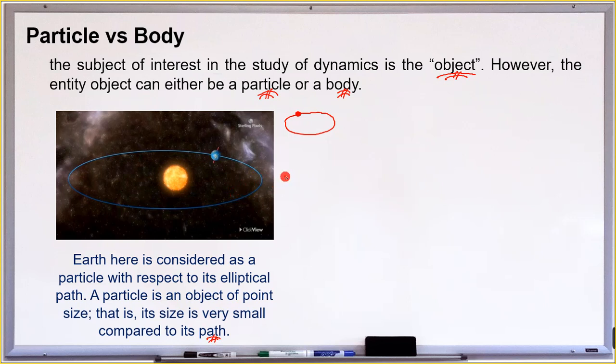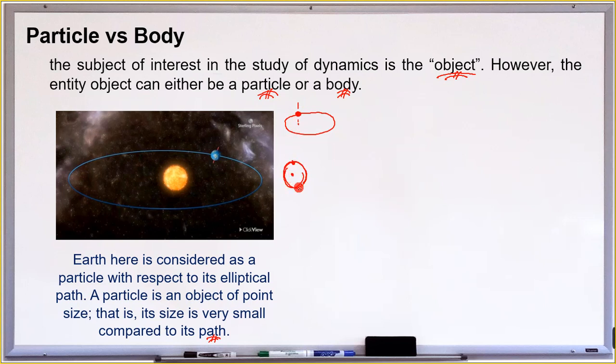So at any location on the earth, since we ignore its dimension, the rotational speed in Canada or in the Philippines with respect to the sun is the same, because we assume that everything on the earth is at that point.